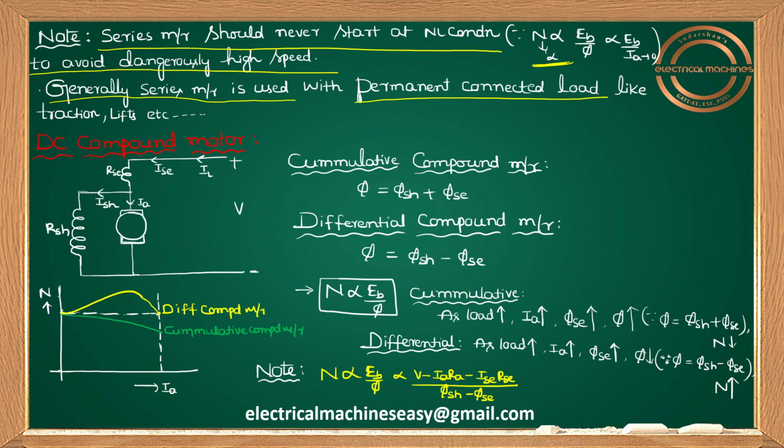Generally in a laboratory, some permanently connected load is connected to the DC series motor to avoid infinite speed. And one more thing, if you take traction applications and lifts also, yes, a permanently connected load is already connected to the series motor to avoid infinite speeds. So generally a series motor is used with permanently connected loads. If you want applications for the exam, I can give traction, lifts, etc.